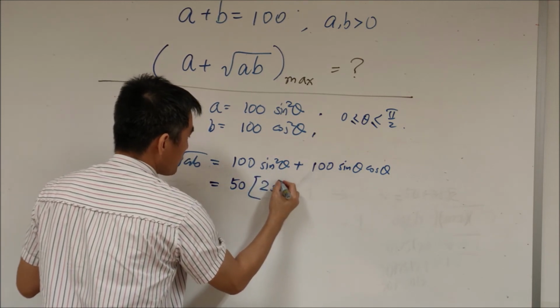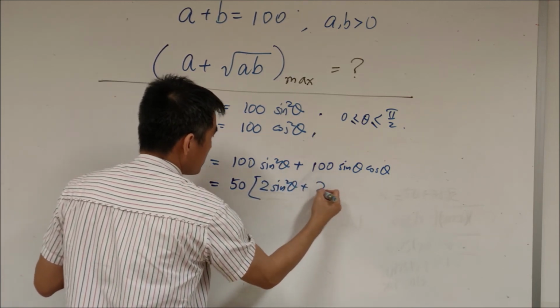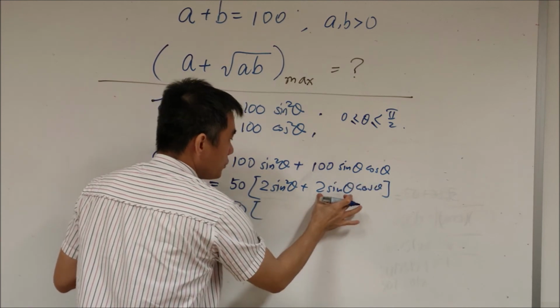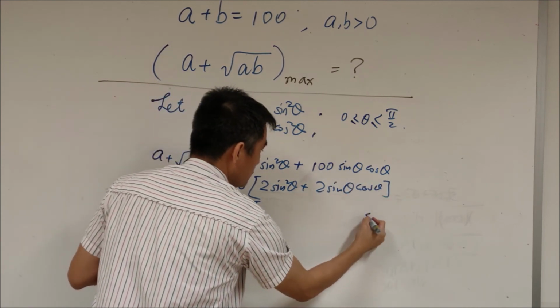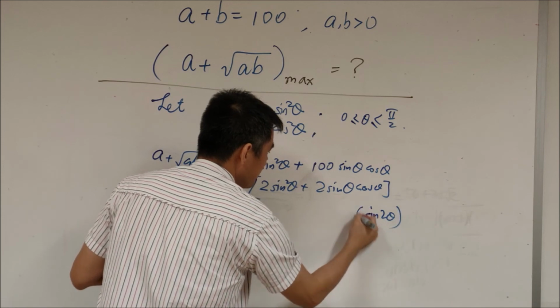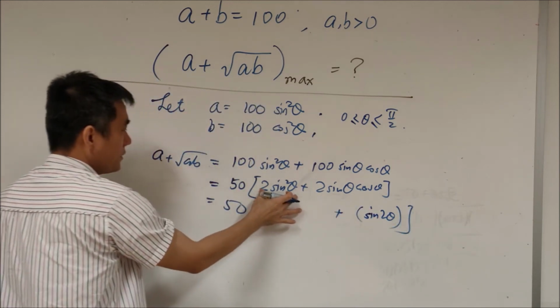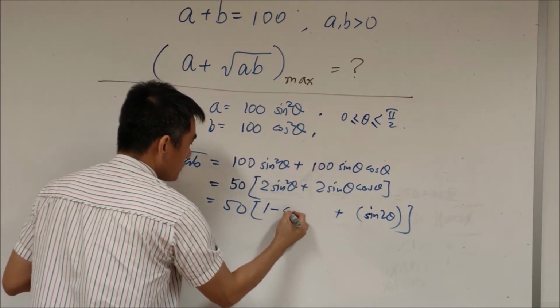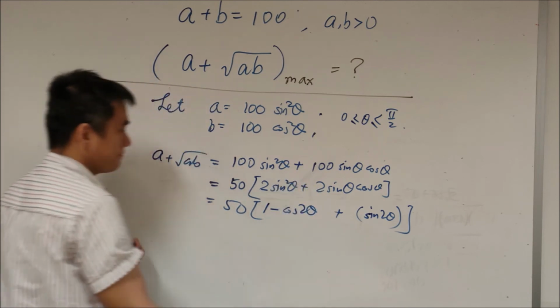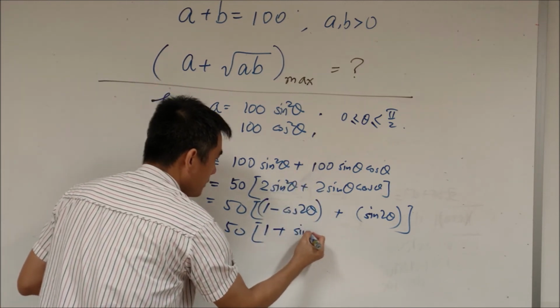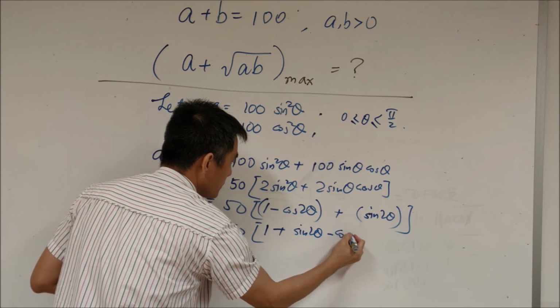So this will be equal to 50 times (2 sine squared theta plus 2 sine theta cosine theta). 2 sine theta cosine theta equals sine 2 theta, and 2 sine squared theta equals 1 minus cosine 2 theta. From here we have sine 2 theta minus cosine 2 theta.